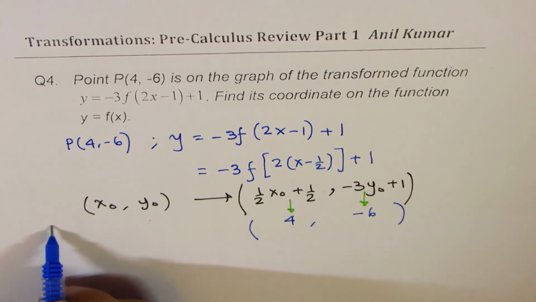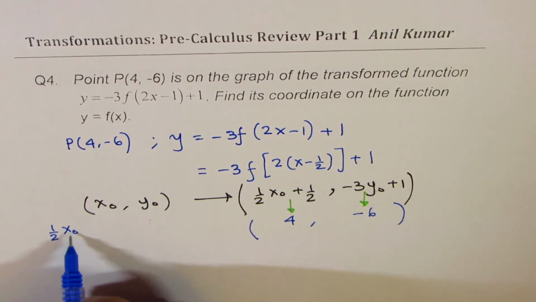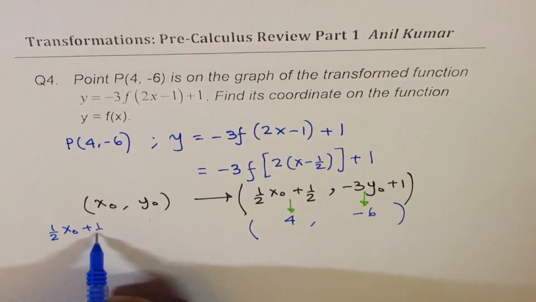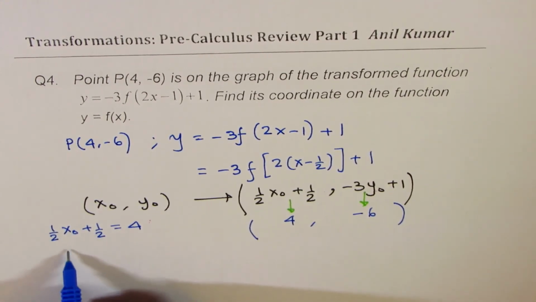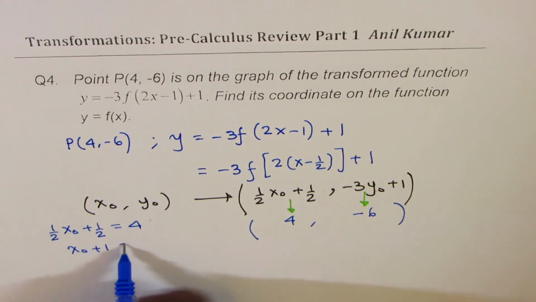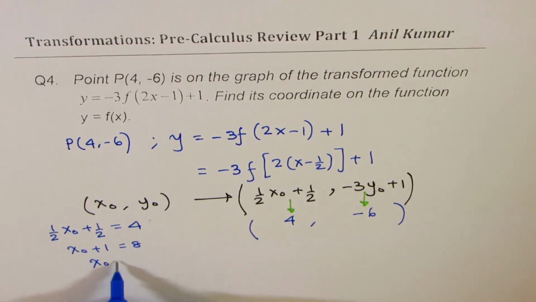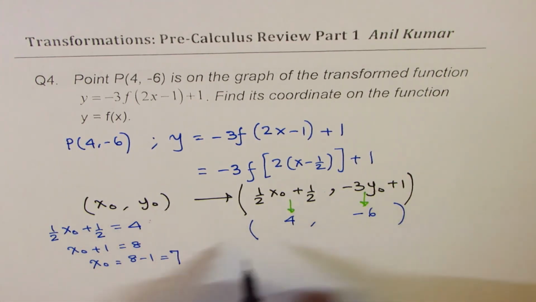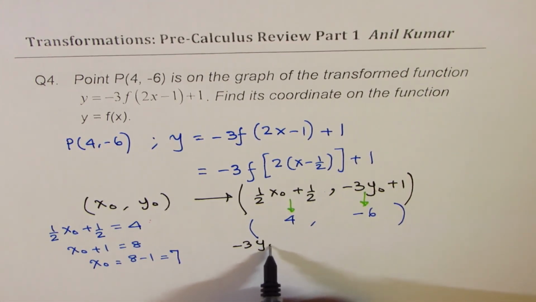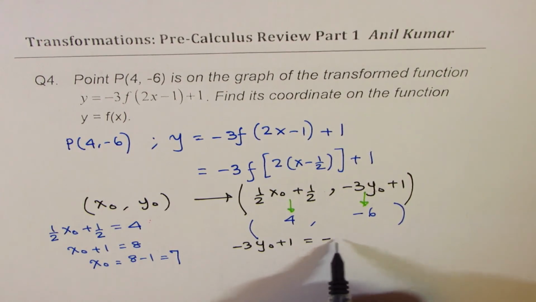So let's calculate. What we know here is that half of x0 original plus half is equal to 4. If you multiply by 2, we get x0 plus 1 equals 8. So the original point x0 is 8 minus 1, which is 7. Let's find the y value also. So for the y coordinate, we have minus 3 y0 plus 1 equals minus 6.